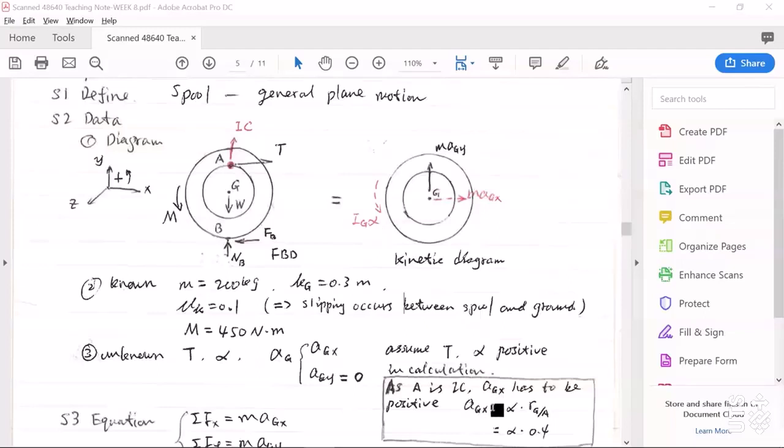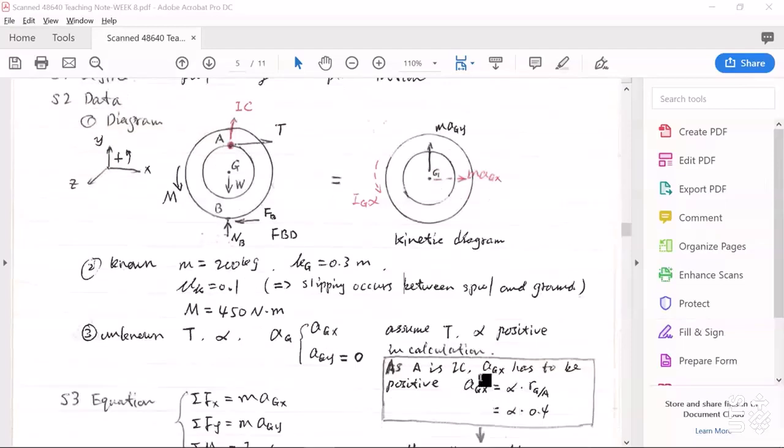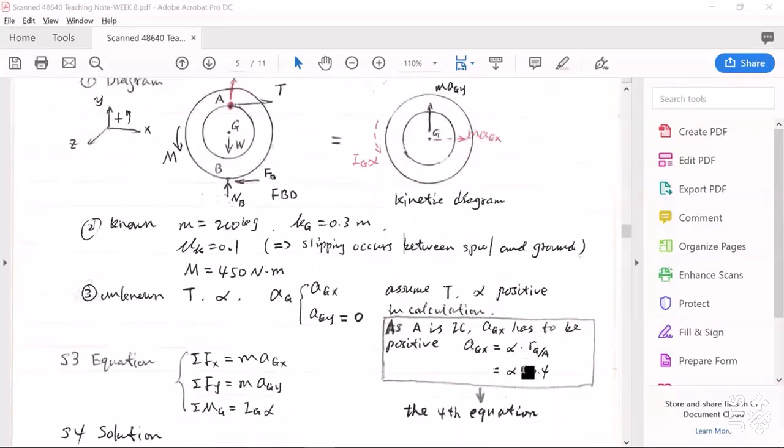AGX should be equal to alpha times the distance from G to point A. This relationship is very useful because for this general plane motion problem, this will be our force equation.